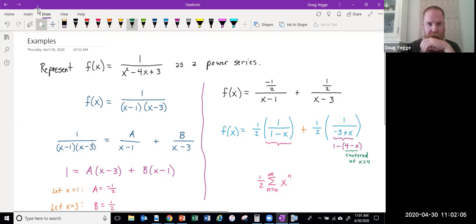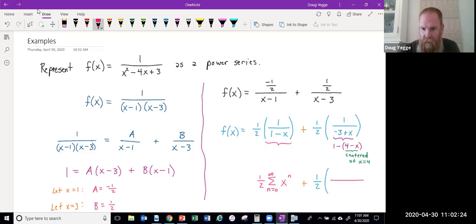Okay, so this now gives us plus, and instead we're going to divide top and bottom by -3. So we have plus 1/2 times, and now if I divide the denominator by -3, that gives me 1 minus x over 3. And on top, that gives me -1/3.